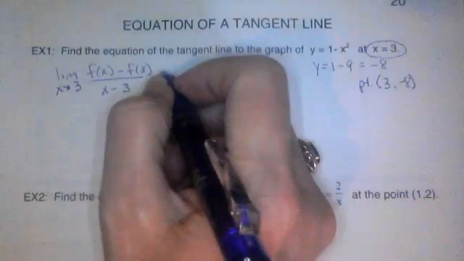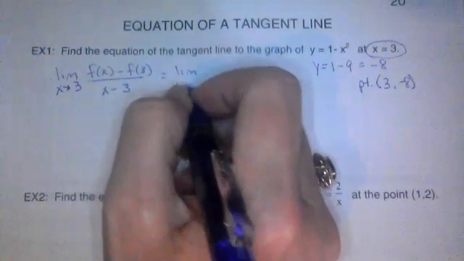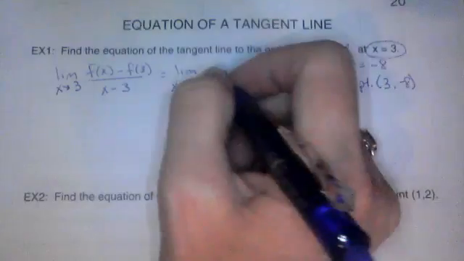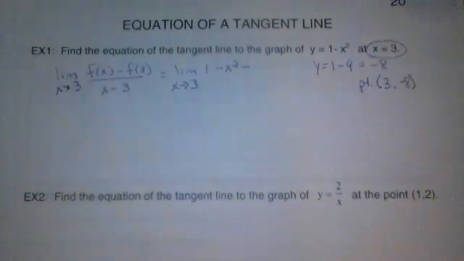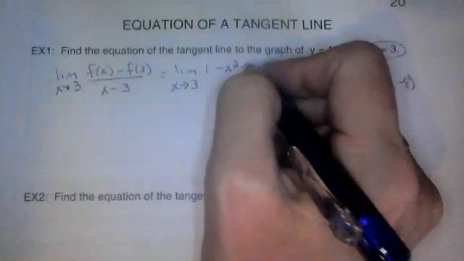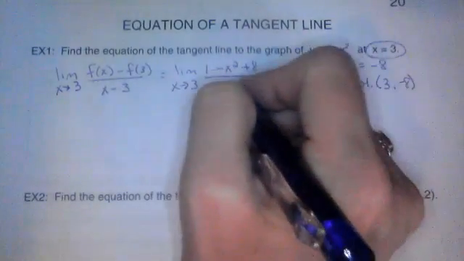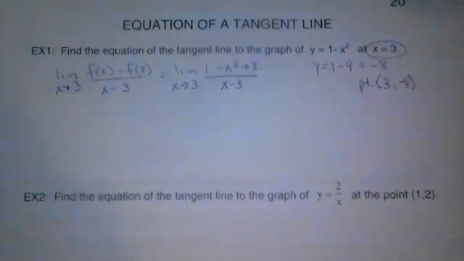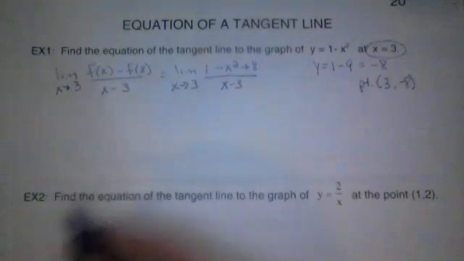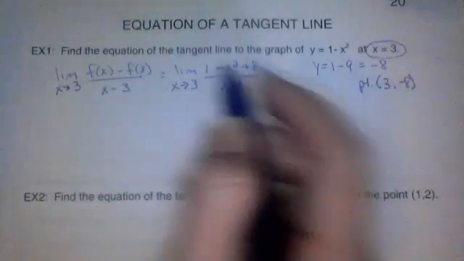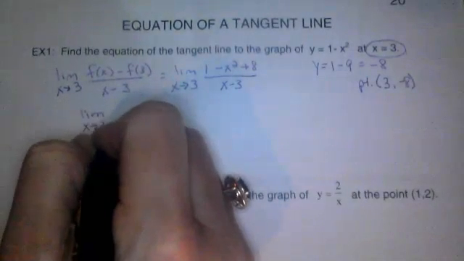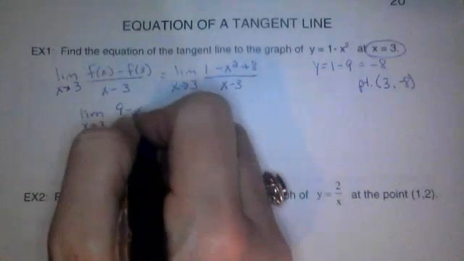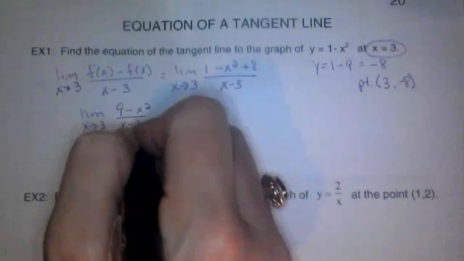And so we're going to have the limit as x approaches 3 of our function, which is 1 minus x squared, and then minus our y value at 3, which was -8. So minus -8 is actually going to be plus 8 over x minus 3. And so we have 1 plus 8 is 9. So I have the limit as x approaches 3 of 9 minus x squared over x minus 3.